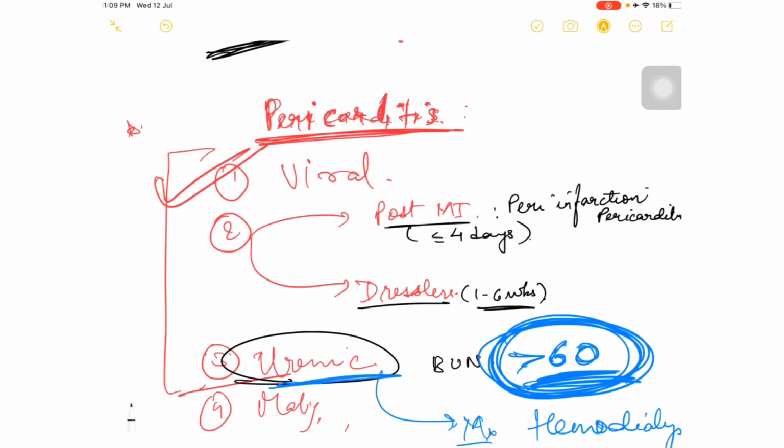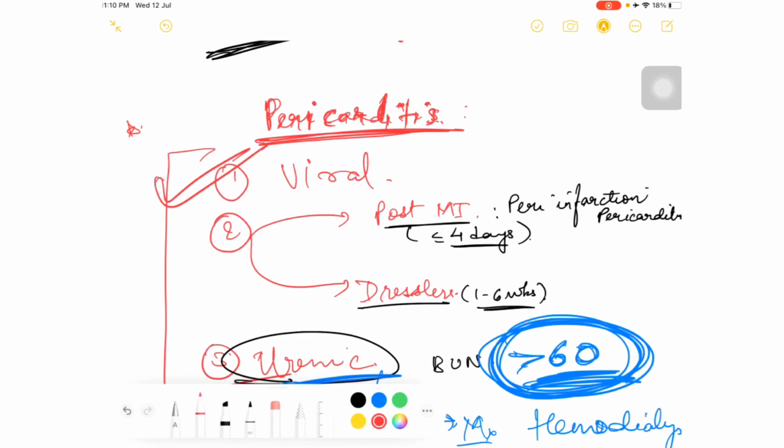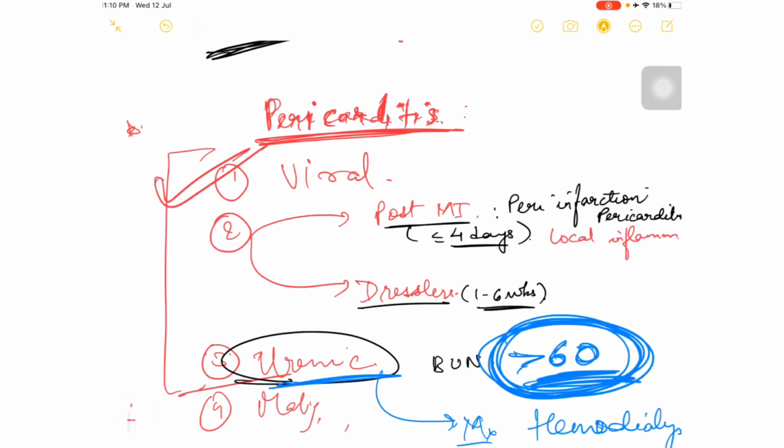So number one, that is in weeks, and this is in days. Peri-infarction pericarditis is nothing but a local inflammatory reaction. Because of delayed coronary reperfusion, inflammatory mediators are released in that area, which causes local inflammation. That is peri-infarction pericarditis within 4 days of MI.